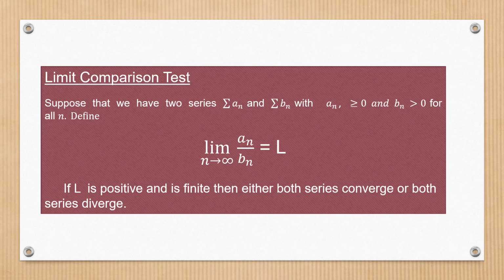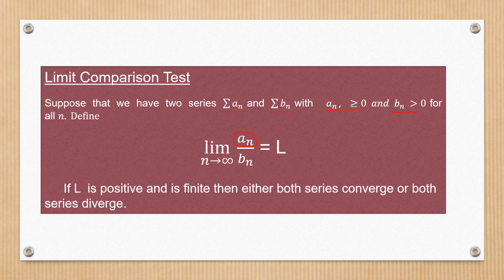Here is another way to determine if the series is divergent or convergent, using the limit comparison test. Suppose that we have two series, the series AN and the series BN, with AN greater than or equal to 0 and BN greater than 0 for all n. AN can be equal to 0 because AN is in the numerator, so it is allowed to have a 0 value for AN.